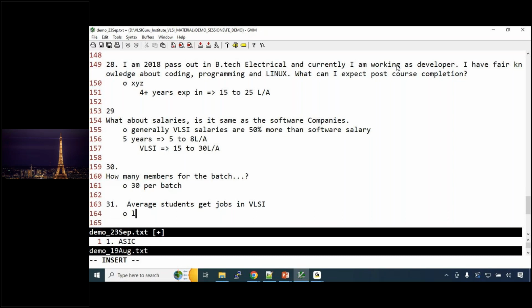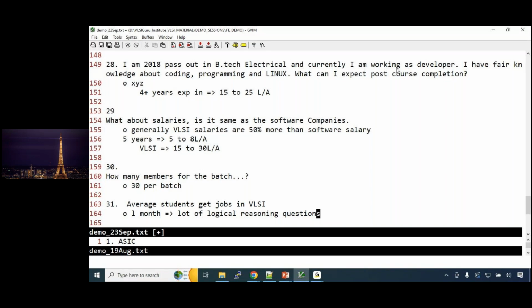What will I do? I'll spend 1 month on a lot of logical reasoning questions. I'll just buy a book. I'll spend only 1 month. I won't join any course, not even a VLSI course or any software training course. I'll just spend 1 full month doing a lot of logical reasoning questions.